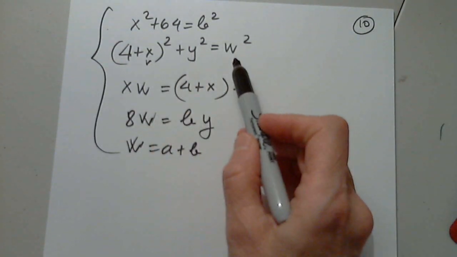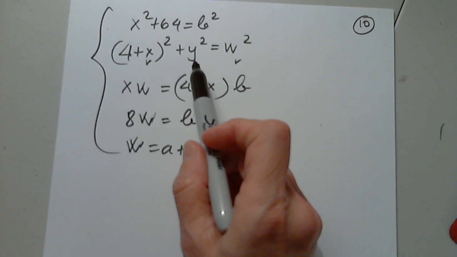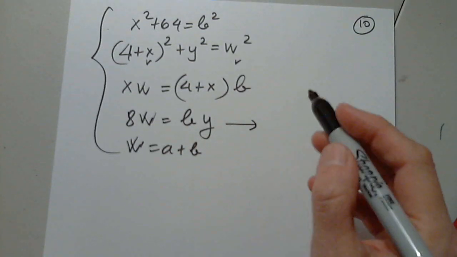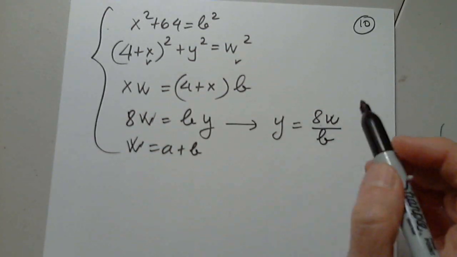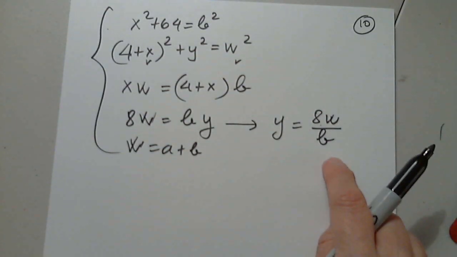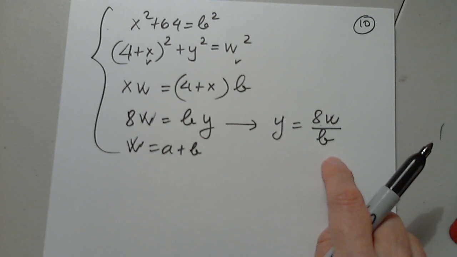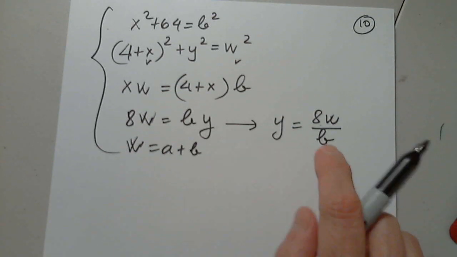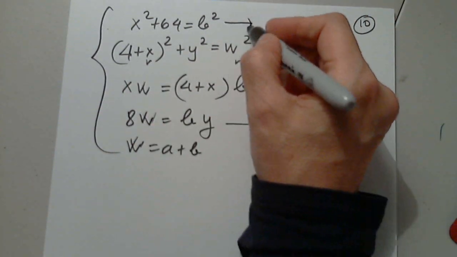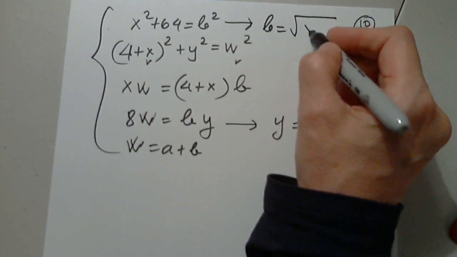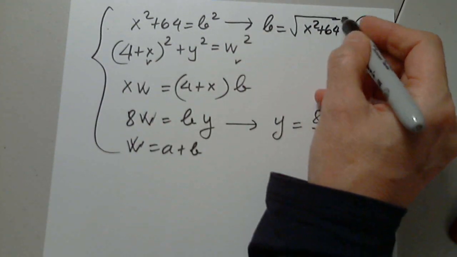I like this and I like this, but I need to get rid of y. Okay, fine. If I get rid of y, then I have 8w over b. But I also want to get rid of b. And from here, I will get that b equals the square root of x squared plus 64.